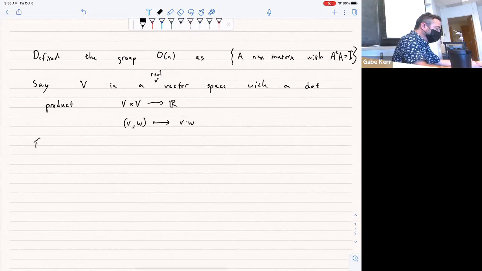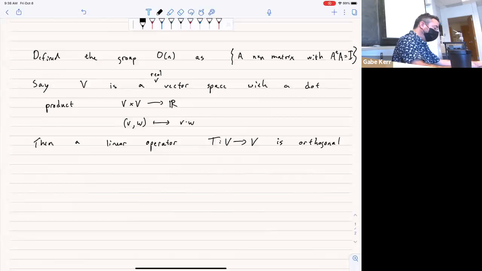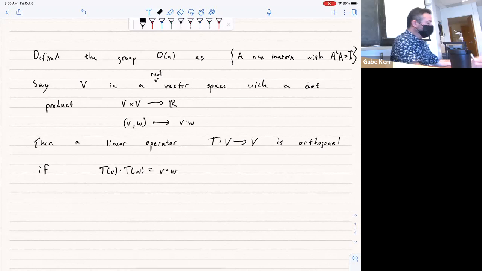So then a linear operator, remember an operator is just a linear transformation from V to itself, is orthogonal if when I take the dot product of T of V and T of W, I get the same as the dot product I had before.